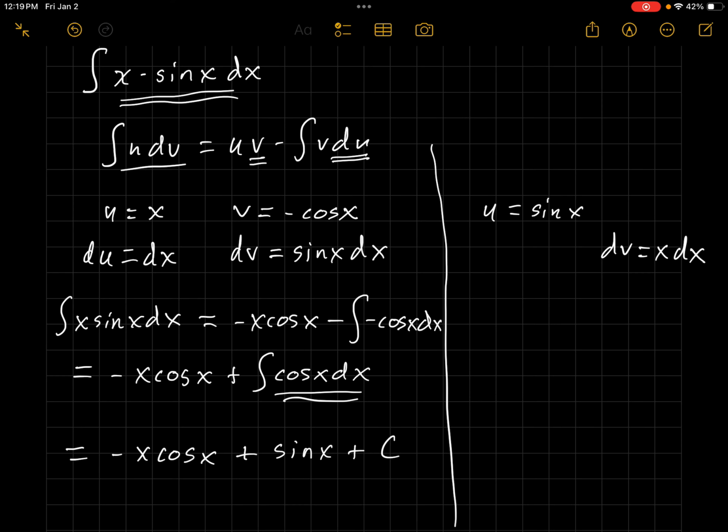But what if I had chosen a different u? What if I let u equal sine x, which would give me du as cosine x dx? And if dv was x, then v would be x squared over 2. Plus c we'll use later on. If I were to rewrite my integral of u dv, I would get uv, x squared over 2 times sine of x minus the integral of v du.